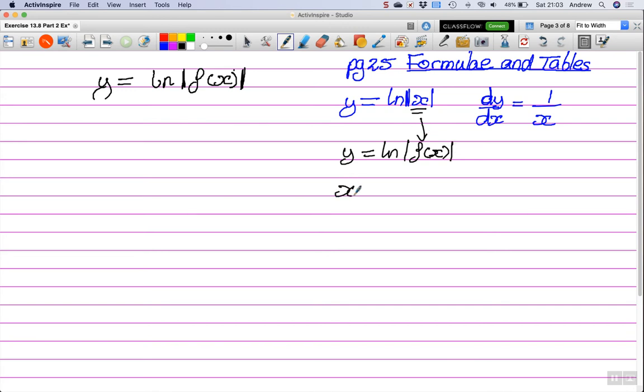So the x in the formula is equal to the f of x in the question. We're now going to differentiate this, and we differentiate this with respect to x. As we saw on the previous page, f becomes f dashed. And it's referred to, because it's the chain rule, the multiplying factor.